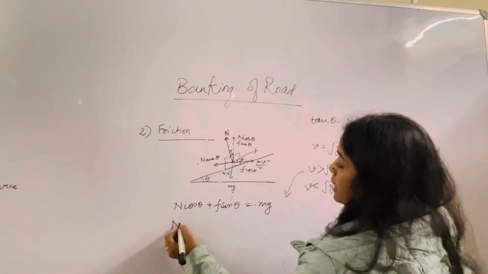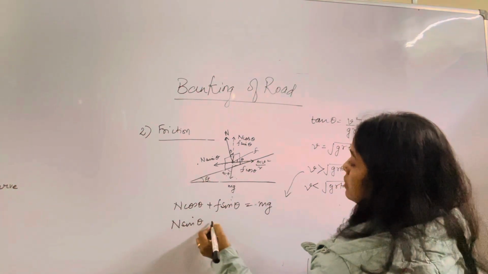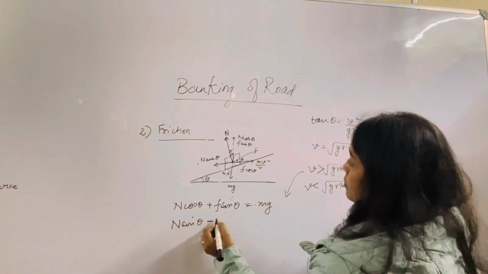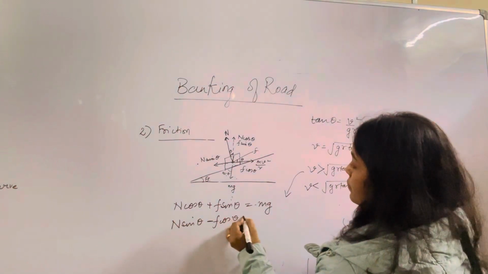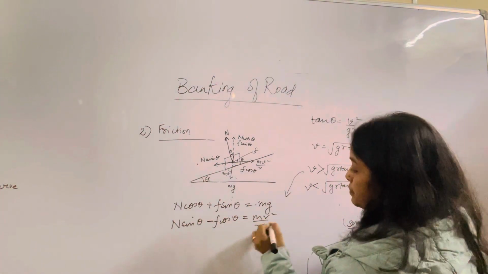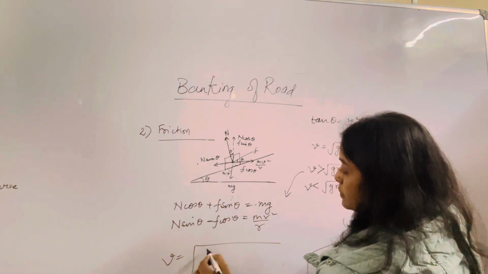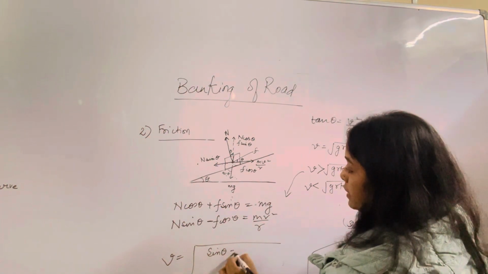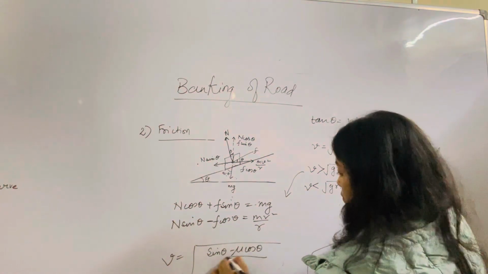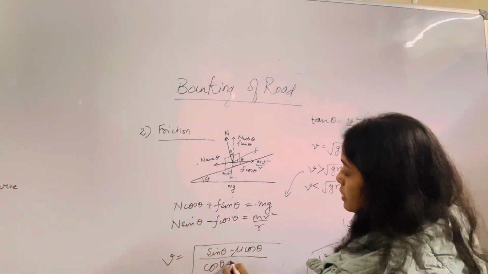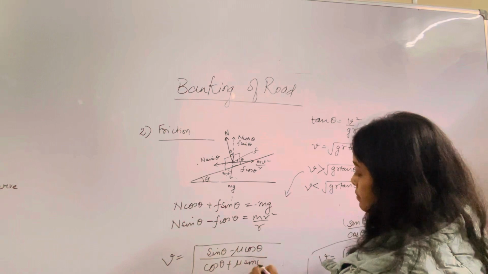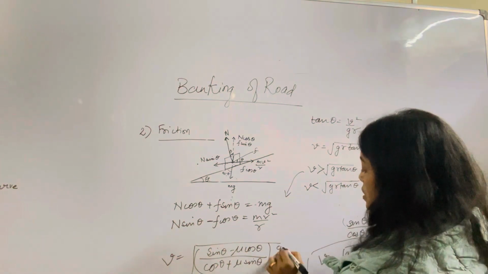Then N sin theta minus f cos theta equal to mv square by r. When we solve it, we get sin theta minus mu cos theta upon cos theta plus mu sin theta, times gr.